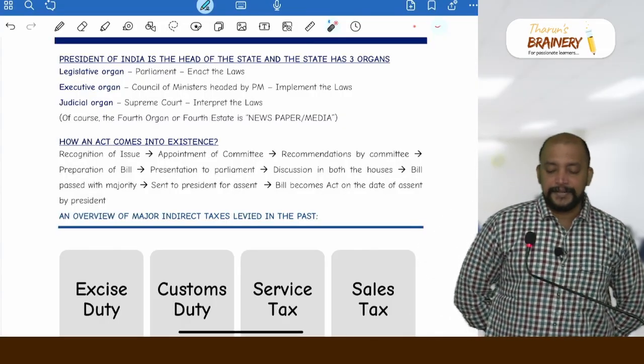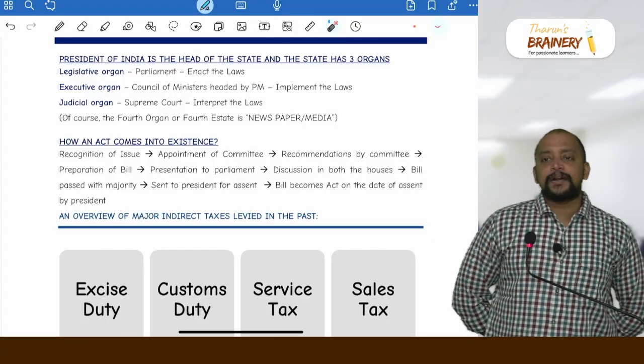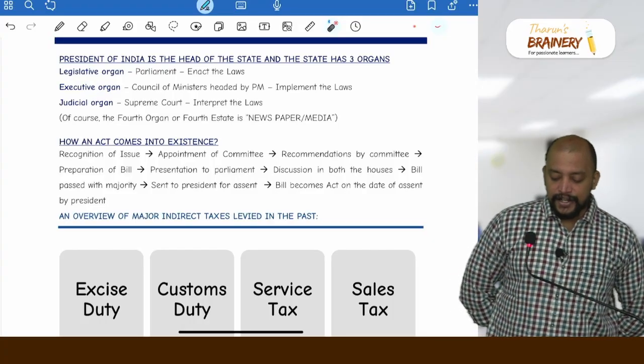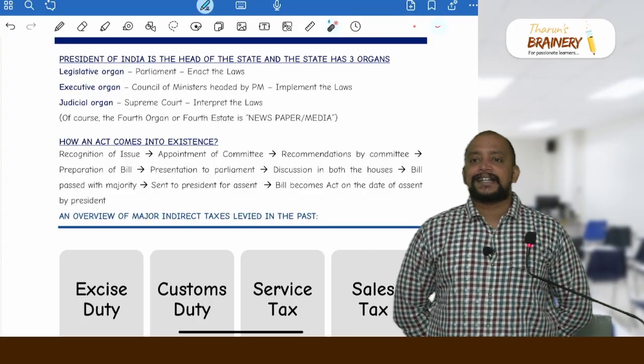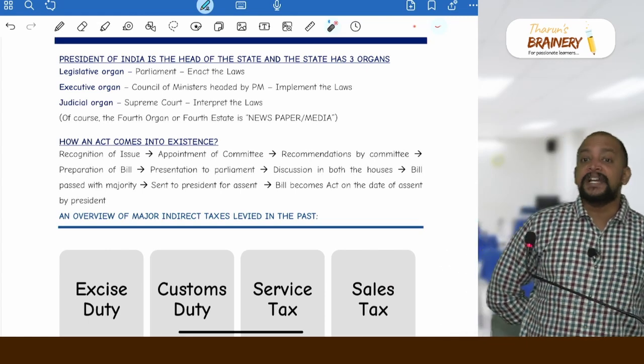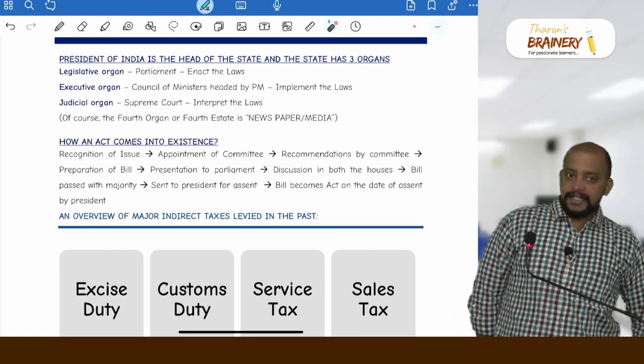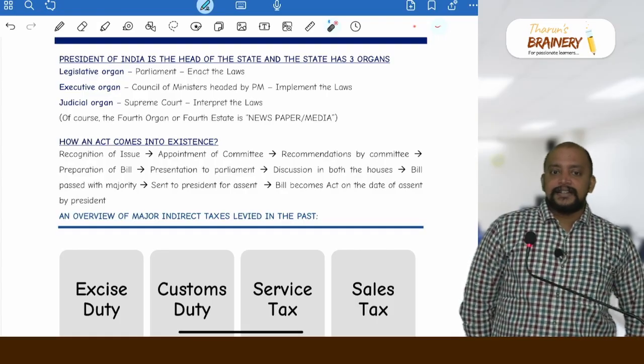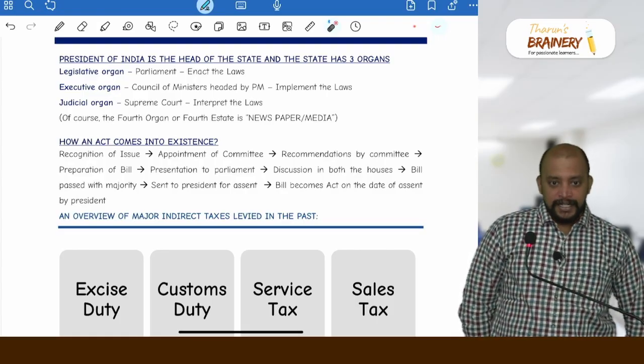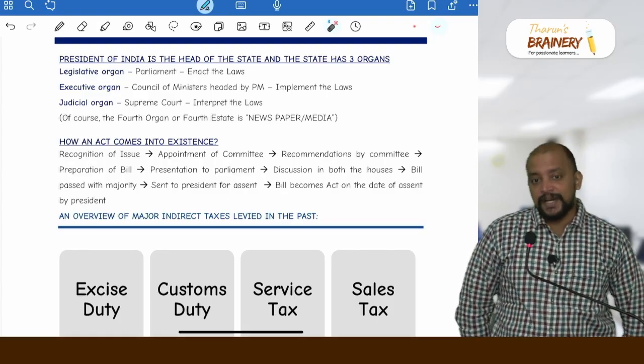Next, how an act comes into existence is not required in detail, but we need to understand the difference between a bill and an act. First, they present a draft in Parliament for discussion, which is known as a bill.